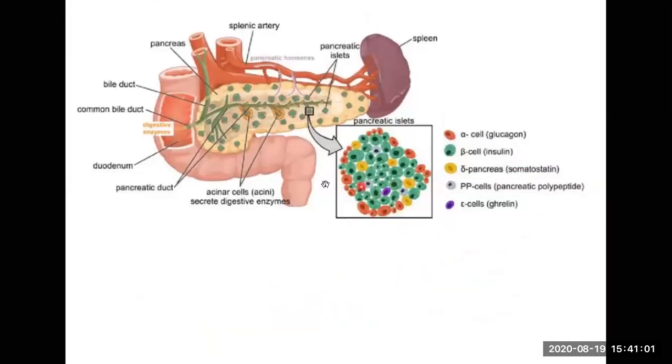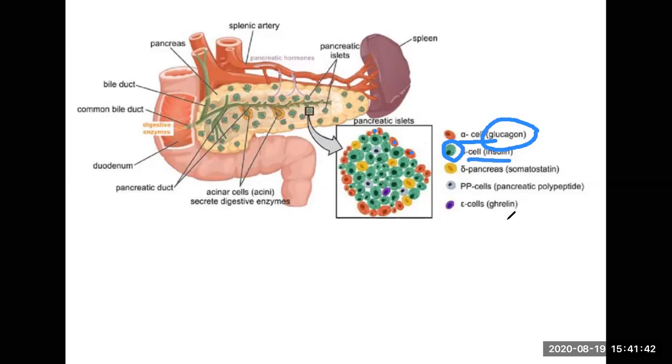In this picture, you can see the pancreas, and this part we have already seen as the exocrine part. This other part is called the islets of Langerhans or pancreatic islets, and it contains many different types of cells. You can see alpha cells, these red cells, release the hormone glucagon, and the green colored cells, so many of them, are called beta cells, and they release insulin.